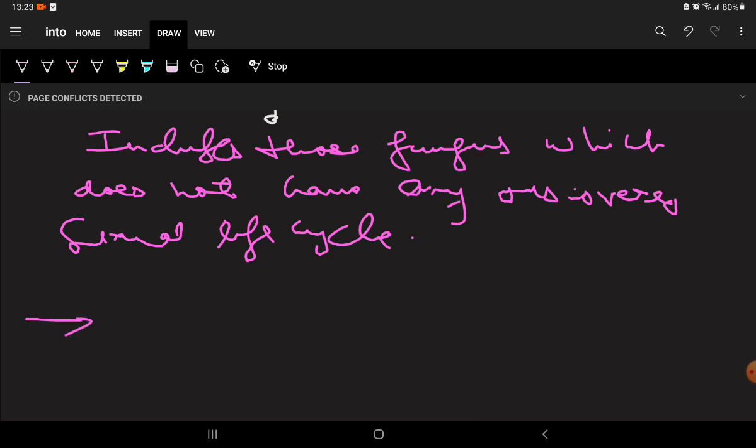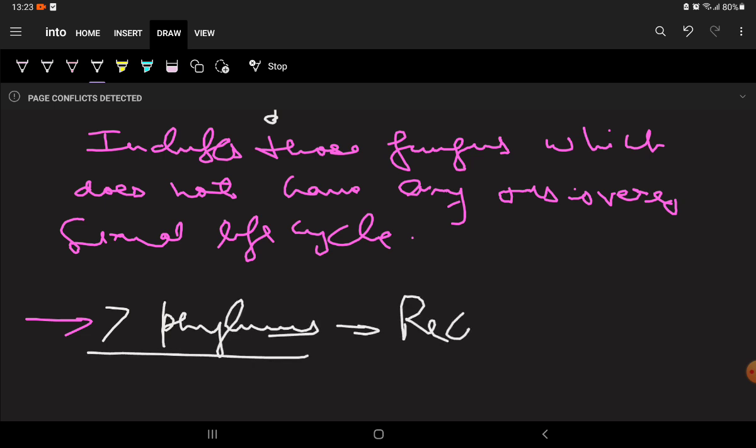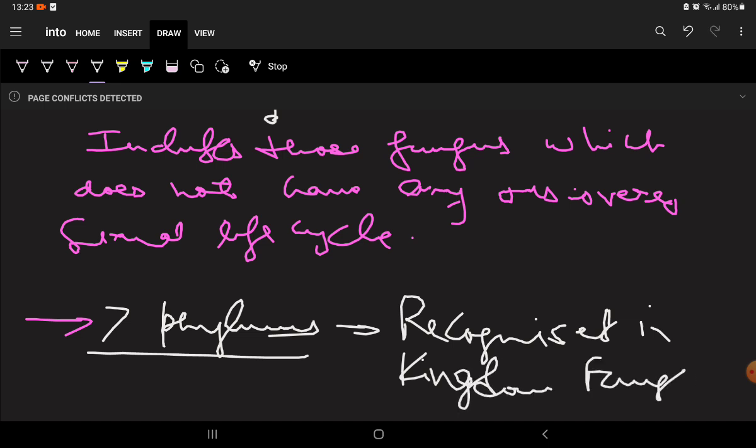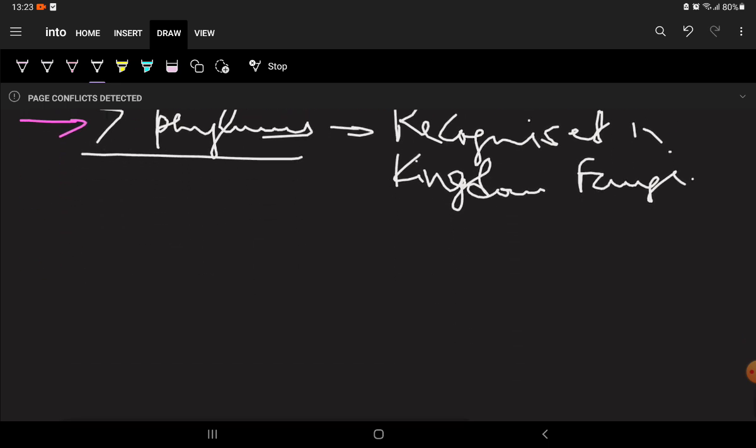Now, 7 phyla are recognized in kingdom fungi, out of which 3 are of veterinary importance.